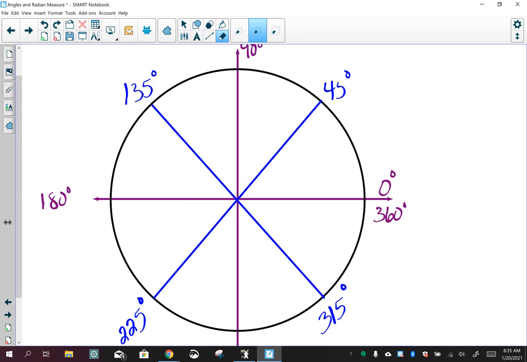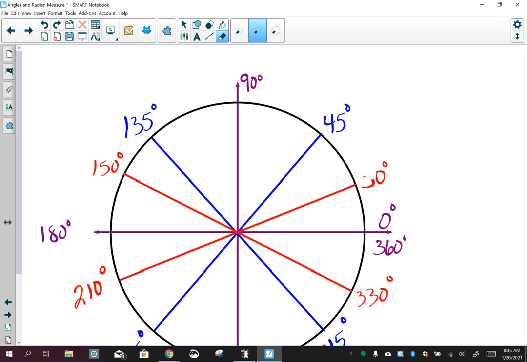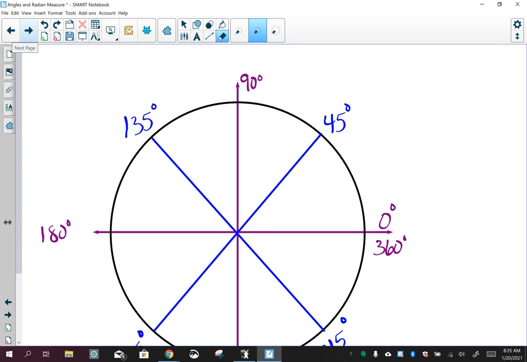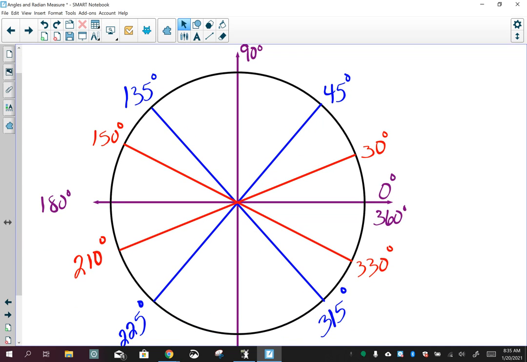Once we go from the quadrants to the 45s, the next thing we're going to go to is our 30 degrees. You'll notice that our 30 degrees are going to be the closest to the x-axis.